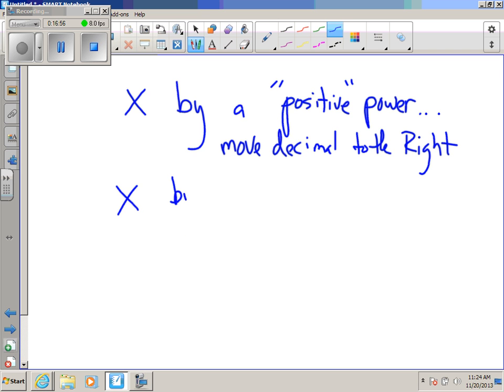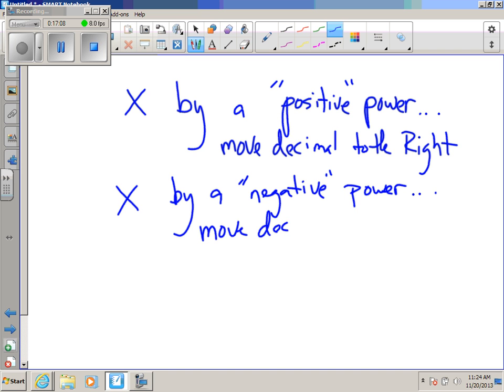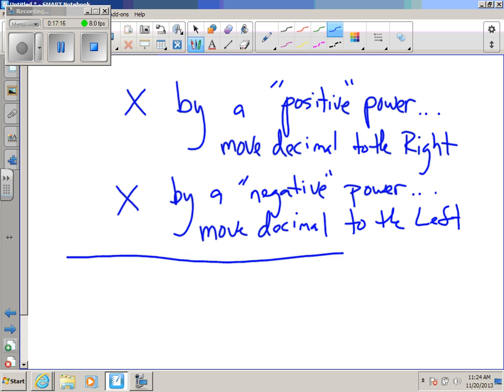Multiply by a negative power, move decimal to the left. Okay? That takes care of both of your multiplication scenarios. Multiply by a positive power, you move the decimal to the right. Multiply by a negative power, move the decimal to the left.